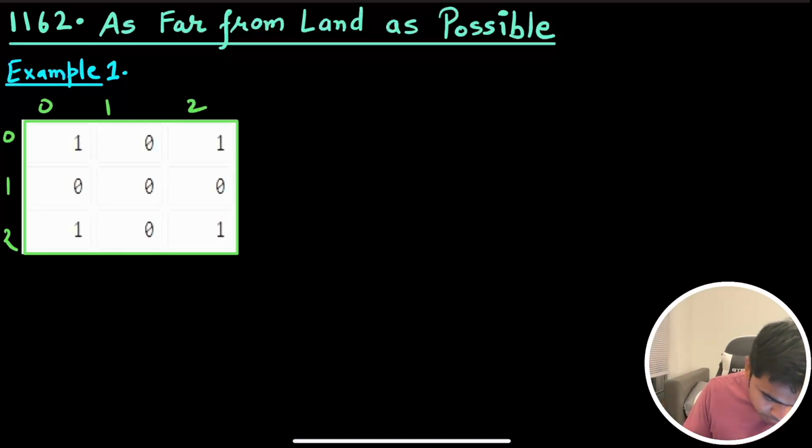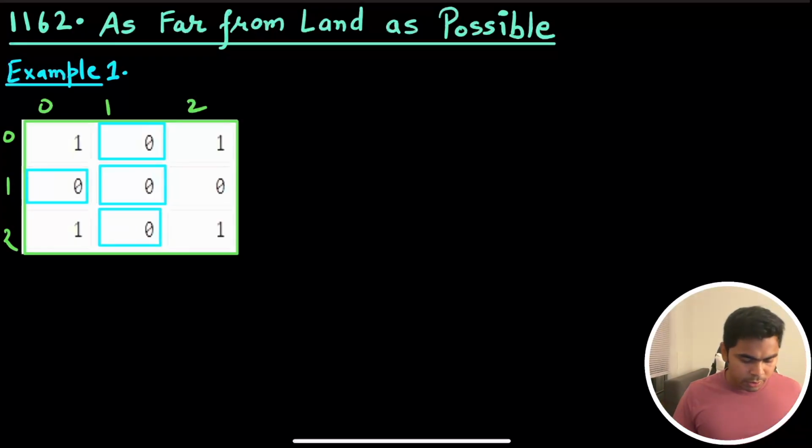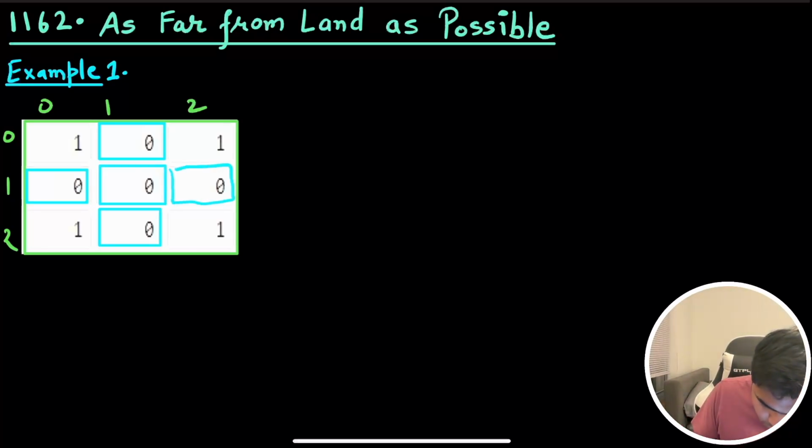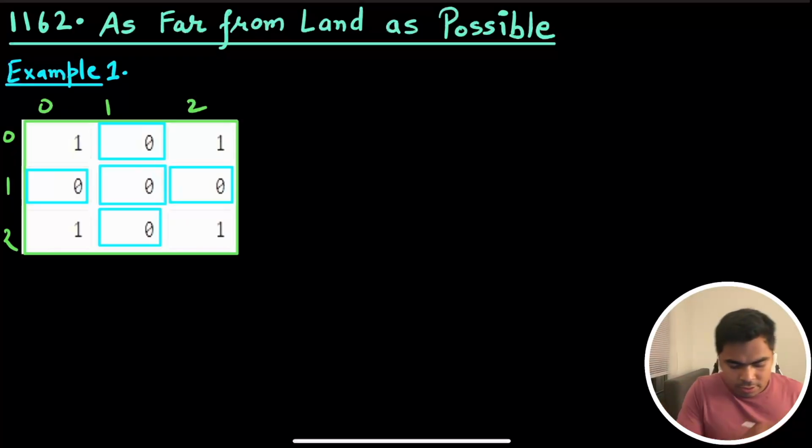So this one right here is a water cell, this is a water cell, and this is a water cell, and there is one more. Okay, there is one more, I just missed this one as well. So there are 5 water cells.